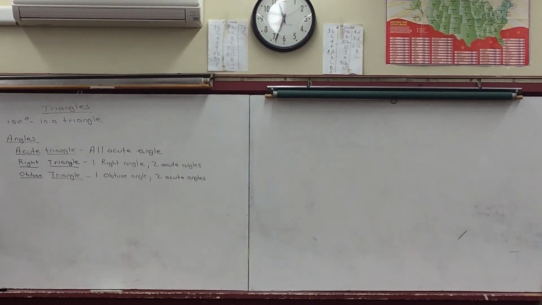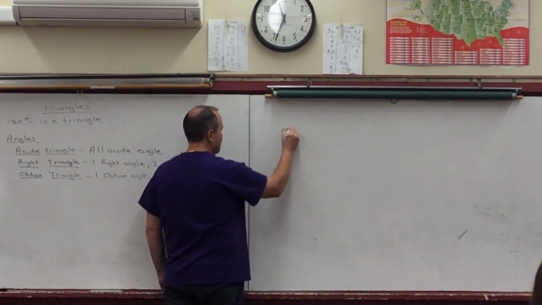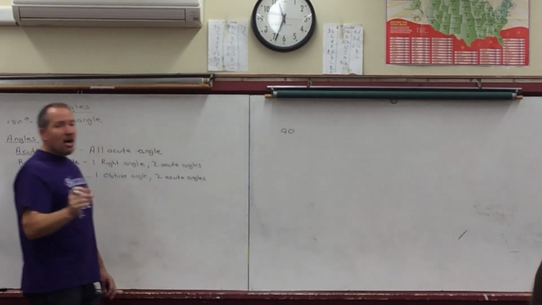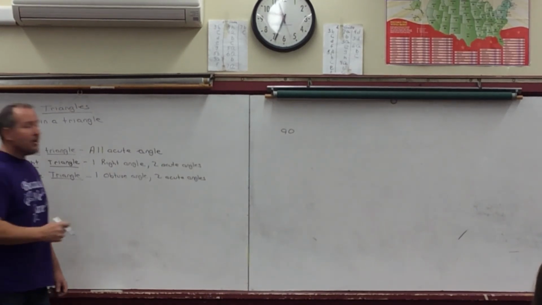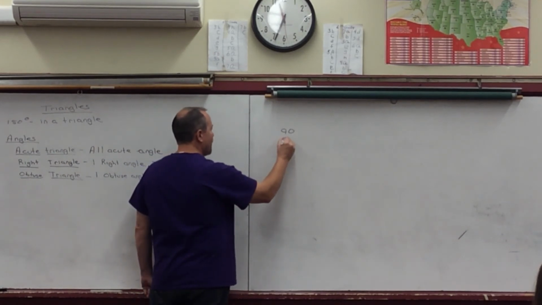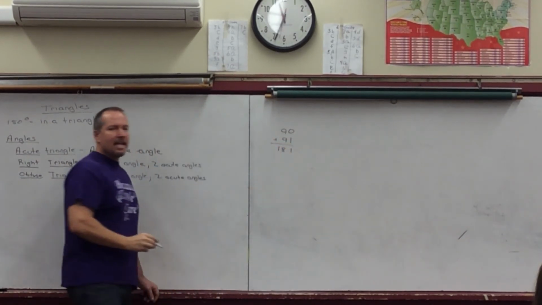The answer is no, because a right angle is 90 degrees. An obtuse angle is any angle greater than 90 degrees. So what is the smallest obtuse angle? Wyatt? 91. 91 degrees. So if we add 90 plus 91, that gives me 181 degrees.